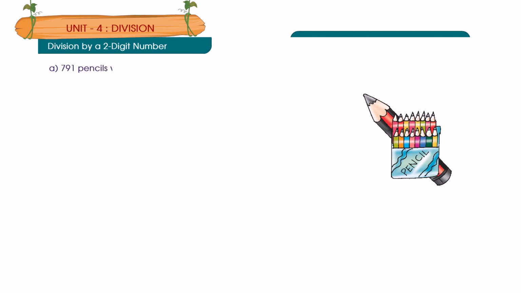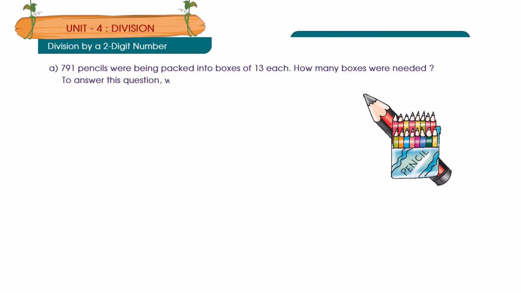Division by a two-digit number. A. 91 pencils were being packed into boxes of 13 each. How many boxes were needed? To answer this question, we need to divide 91 by 13. 91 divided by 13 is equal to how much? Step 1.